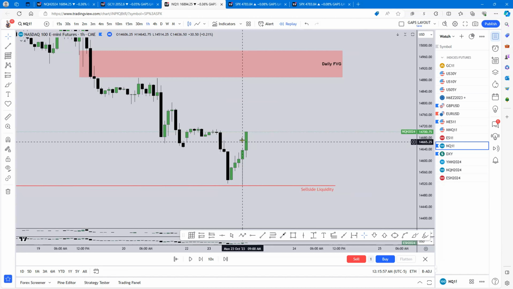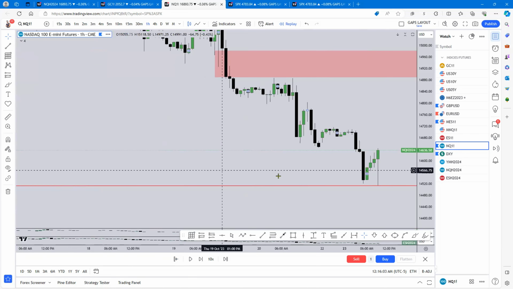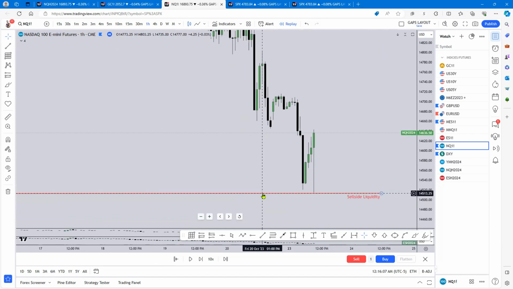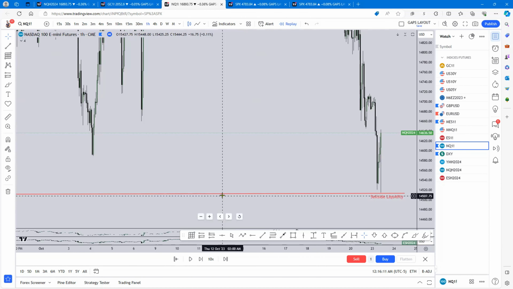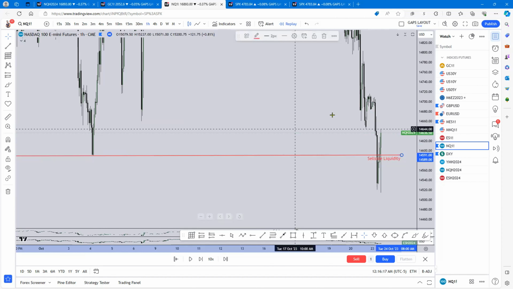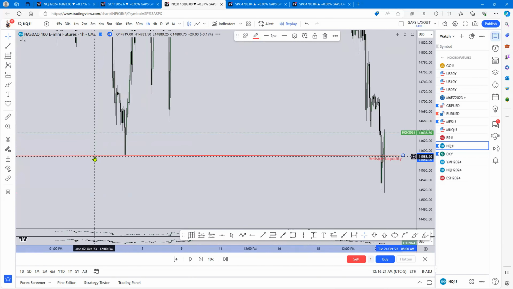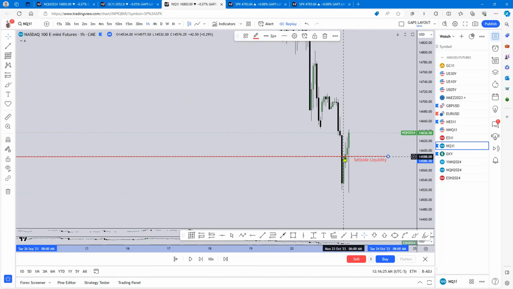Monday 10 a.m. Let's pull price back here. This was our sell side right in here, and then we had this sell side. We had this low, full low, and then this low, which these lows were traded to sell side liquidity.